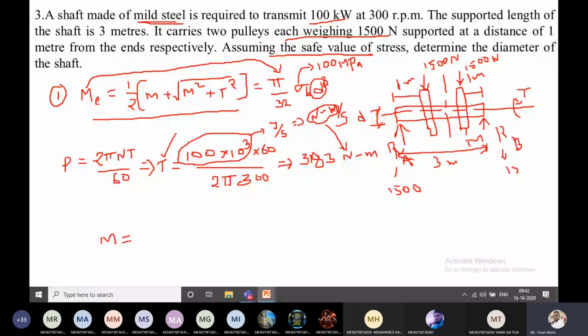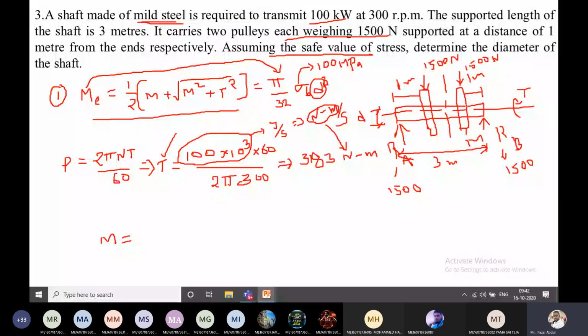Now what is the bending moment here? The maximum bending moment we can find in this diagram is 1500 into 1. We can select from this side or from that side, because it is symmetrical.